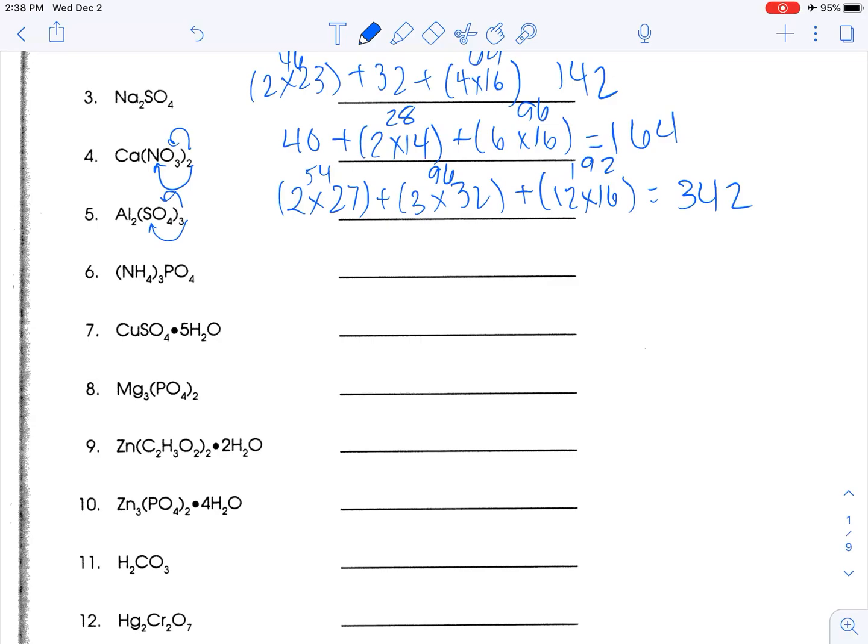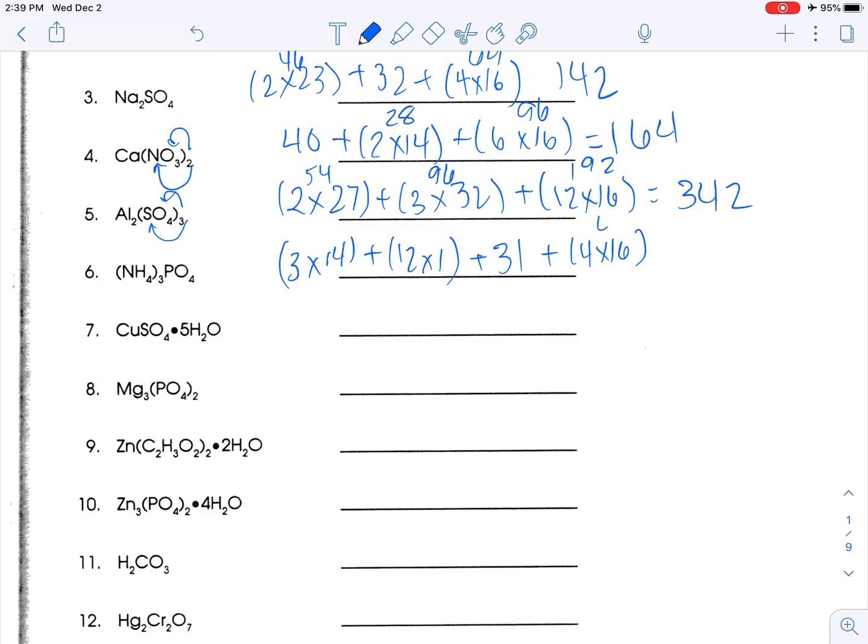Okay, we have ammonium phosphate. So we have 3 times the mass of nitrogen, which is 14, plus 3 times 4, which is 12, times 1 mass of hydrogen, plus 1 phosphorus, which is 31, plus 4 times 16.